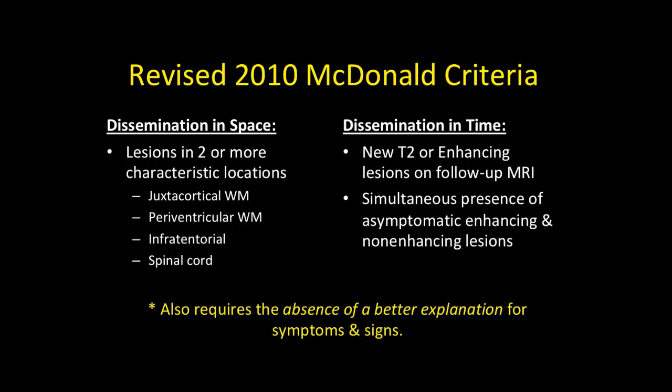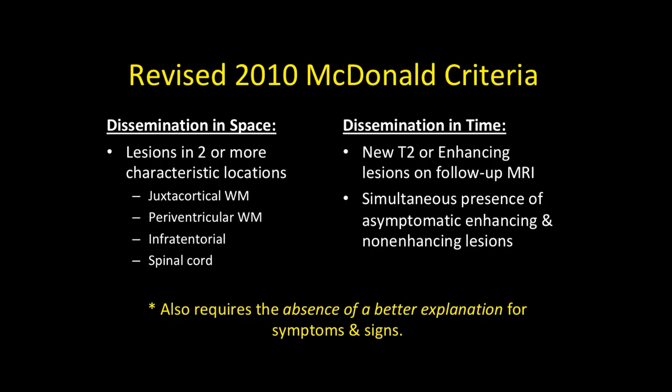So there are several criteria to diagnose multiple sclerosis or demyelinating disease. The most well-known is the revised McDonald criteria. And these criteria were all created to identify patients at risk for converting to multiple sclerosis after an initial, quote, demyelination, end quote, presentation. They were not created to differentiate from other conditions with white matter spots.